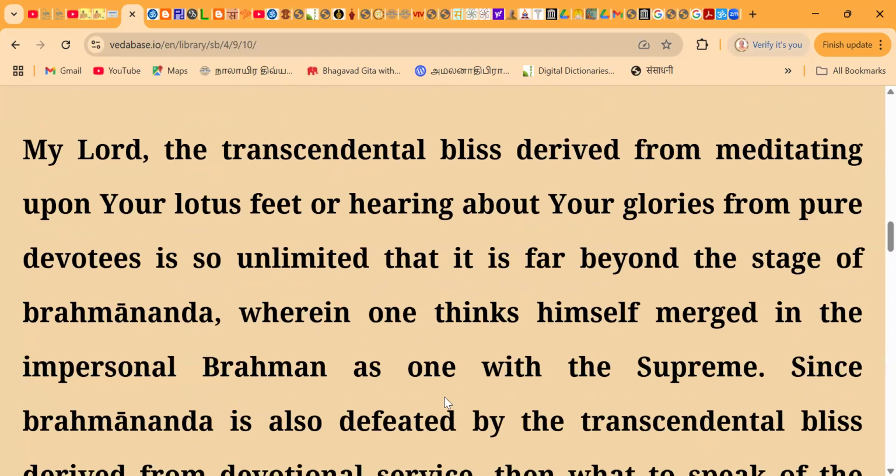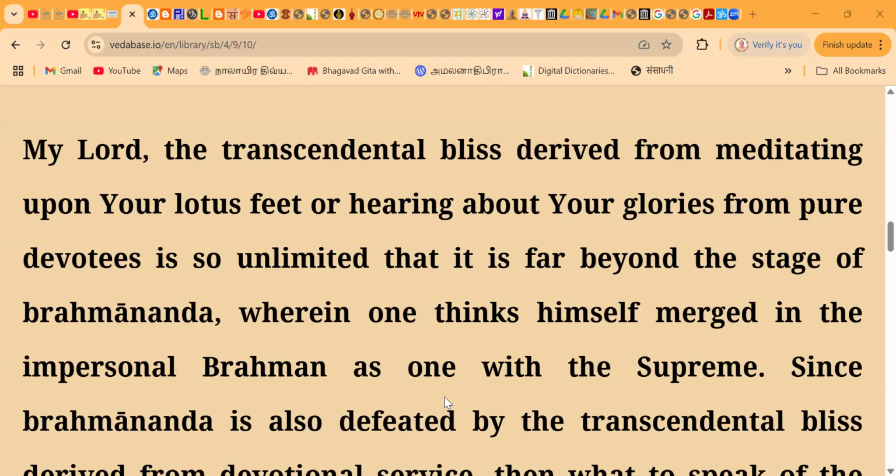Translation. My Lord, the transcendental bliss derived from meditating upon your lotus feet or hearing about your glories from pure devotees is so unlimited that it is far beyond the stage of Brahmananda, wherein one thinks himself merged in the impersonal Brahman as one with the Supreme.